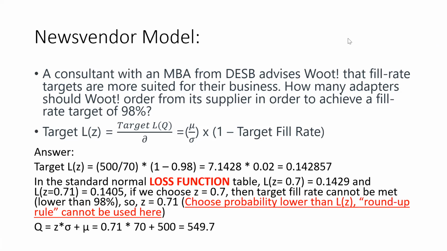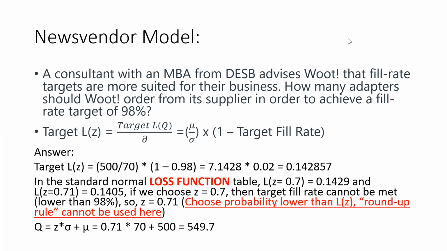Okay, in the chat. Hey, quick question: how would this change if it was a Poisson problem? I haven't thought about it. This one is a normal distribution.